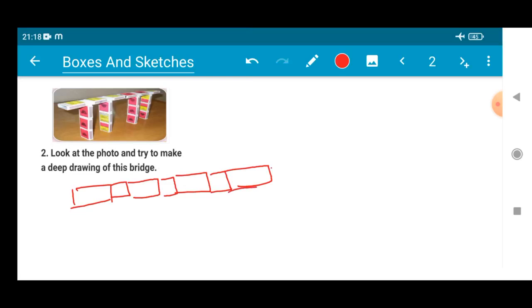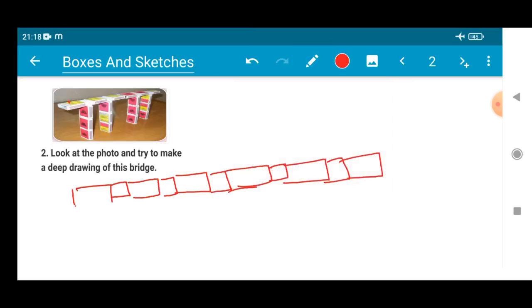Then again a white part. So how many parts are there? 1, 2, 3, 4, 5, and 6. Okay, one part is missing, I guess. Yes, one part is missing. 1, 2, 3, 4, 5, 6. Again, one more I have to draw, over here. So you can draw it in a clearer manner.